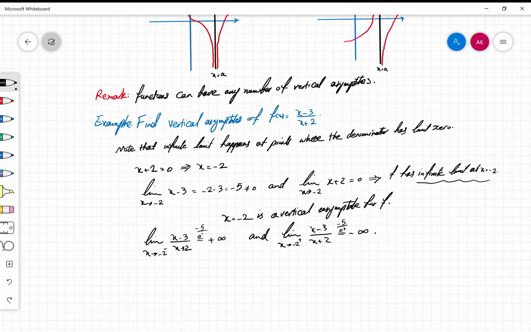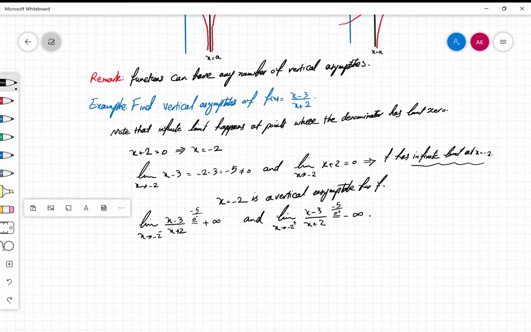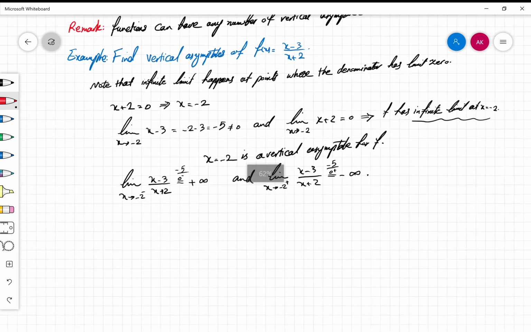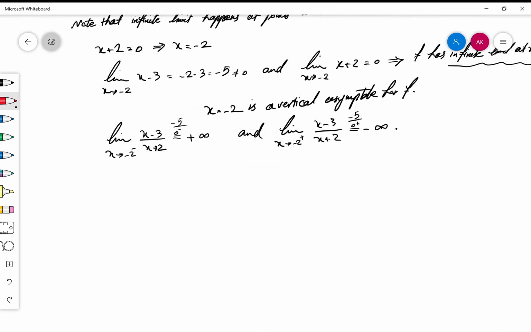Well, doing this example gives us some idea of how to find vertical asymptotes. So let us write the steps here. How to find vertical asymptotes of a rational function. This works in general for any fractional function or quotient function, but we will restrict ourselves to the rational function.